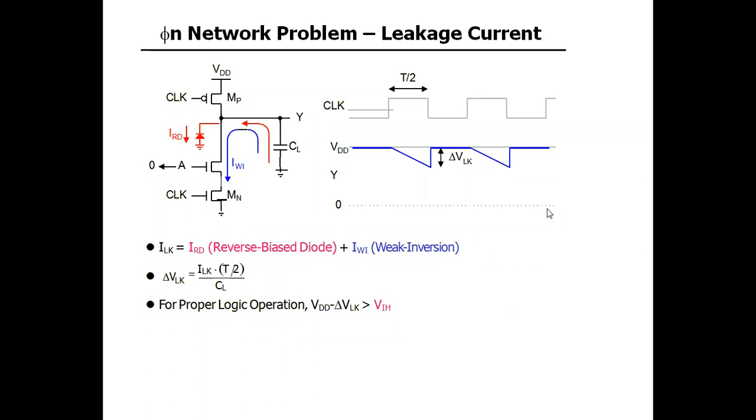So it is the current contributed by the reverse biased diode, that is IRD, and IWI, that is the weak inversion region. So leakage current is the big problem related to this network. This is the first one.